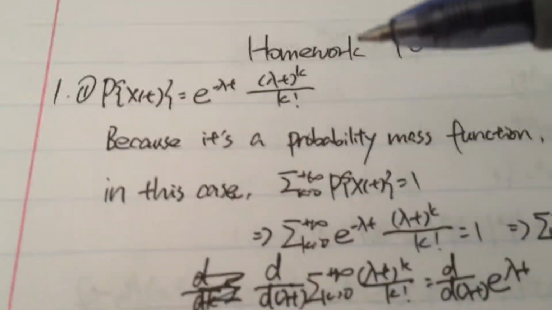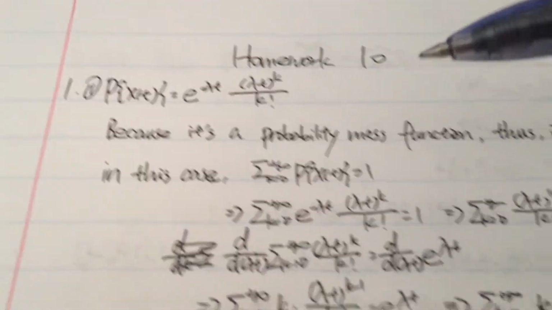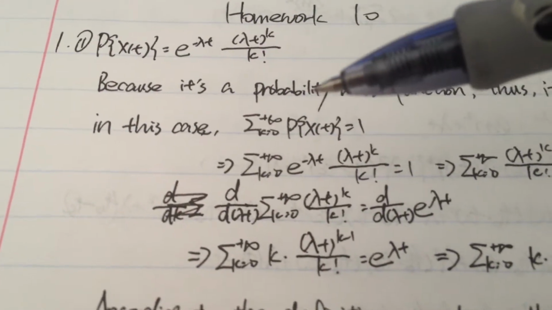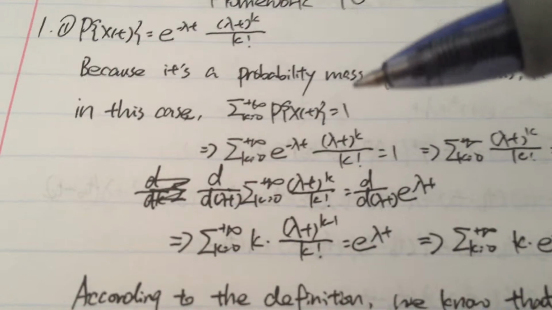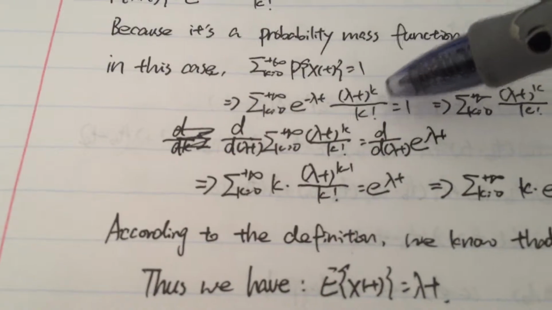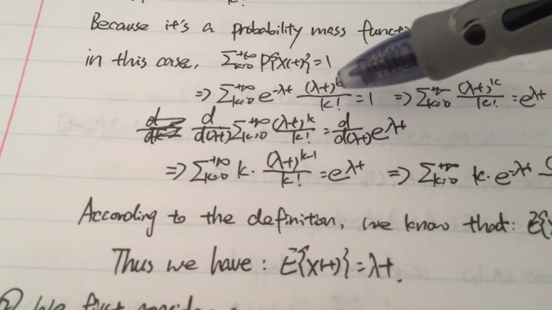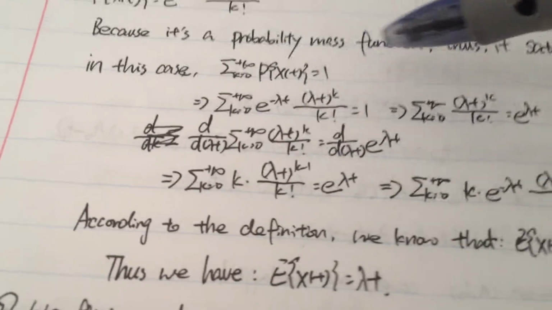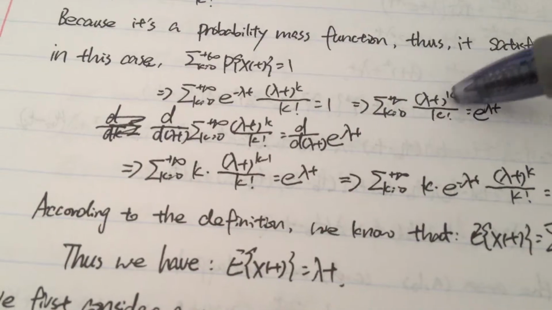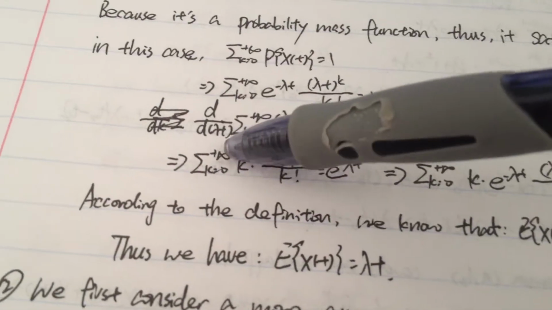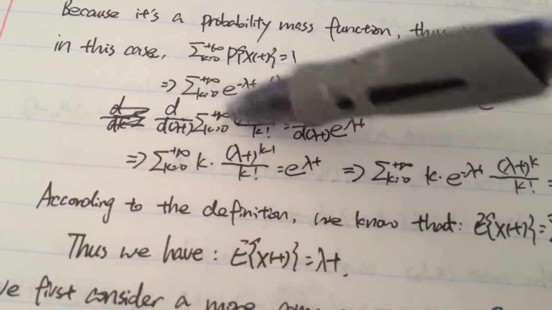Well, for the first question, we know that this function is a probability mass function. Thus, the countable sum of this function should equal 1 according to the definition, so that we can arrive at this equation. We can think of lambda multiplied by t as a whole, so that we can take the derivative with respect to lambda t at both sides of this equation.